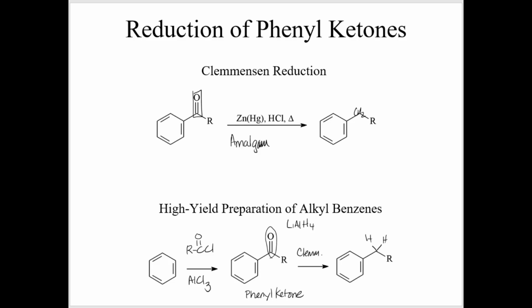Now, just writing Clemmensen isn't enough. You need to know these reagents. You need to know it's zinc, mercury, HCl, and heat. You need to know that reagent will take the ketone down to a CH2 group. But that's all it does. That's its role. Okay, so that's one way to reduce the phenyl ketone.